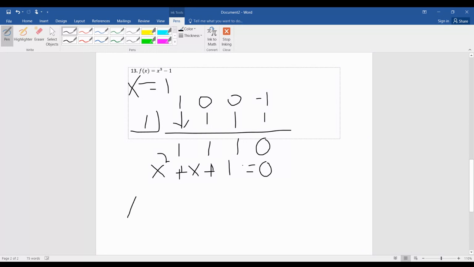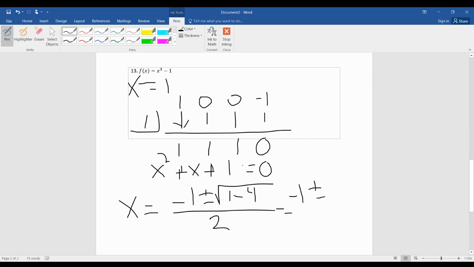So our last 2 solutions are x equals negative b, so negative 1, plus or minus the square root of b squared, which is 1 squared, minus 4 times a, which is 1, times c, which is 1, all divided by 2 times a, which is 1. So we get negative 1 plus or minus the square root of 1 minus 4, which is negative 3, divided by 2.